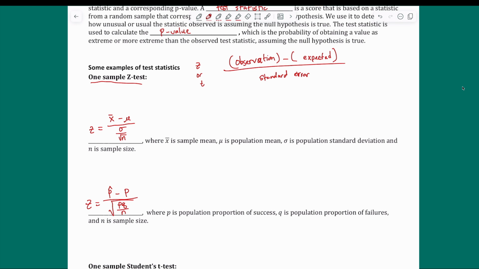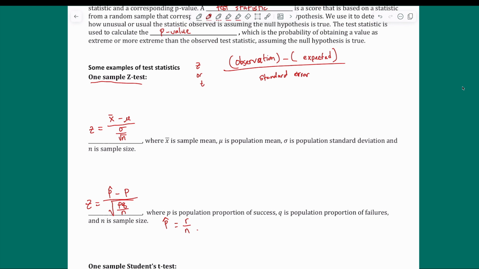Once again, the z test statistic is p hat minus p over the square root of p q over n, where p is the population proportion of success, q is the population proportion of failures, and n is the sample size. I forgot to mention p hat is the sample proportion, which, if you recall, equals the number of successes divided by the sample size or the number of trials.